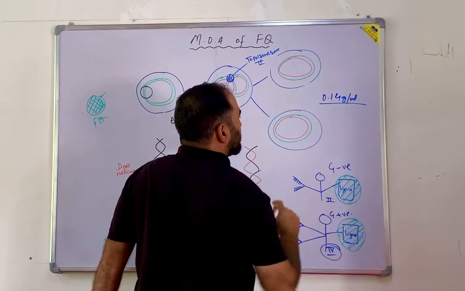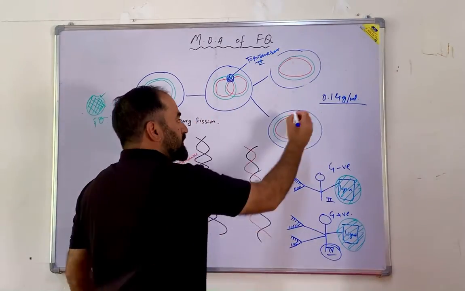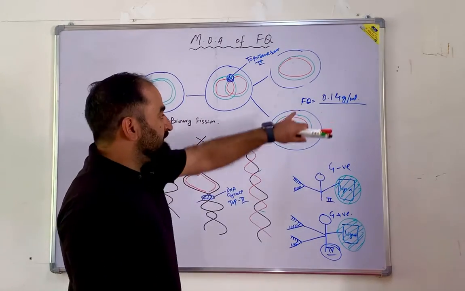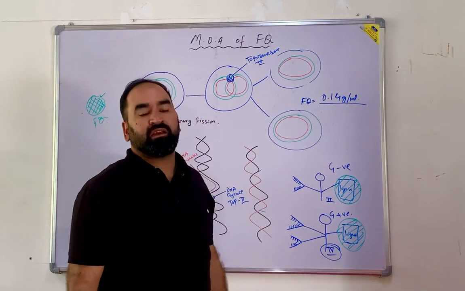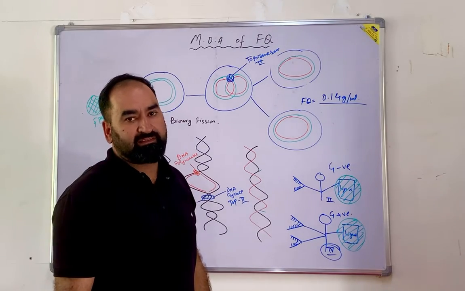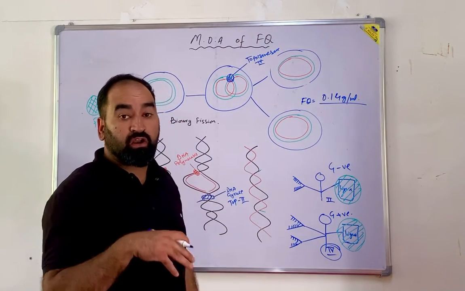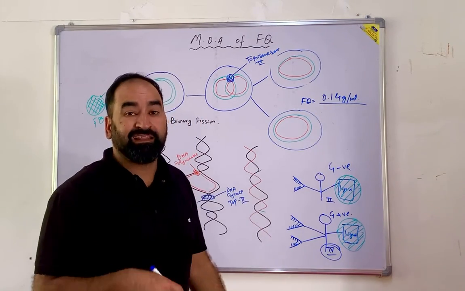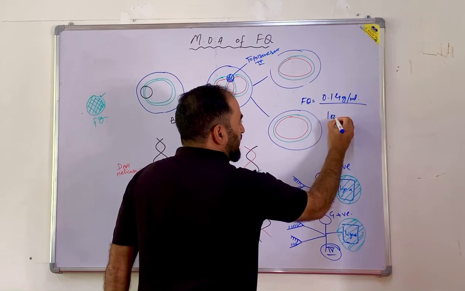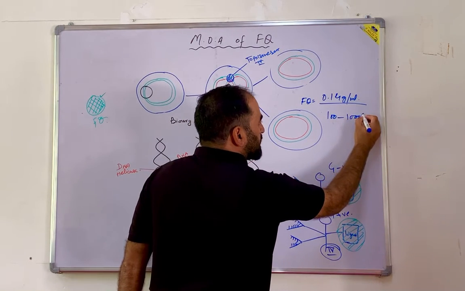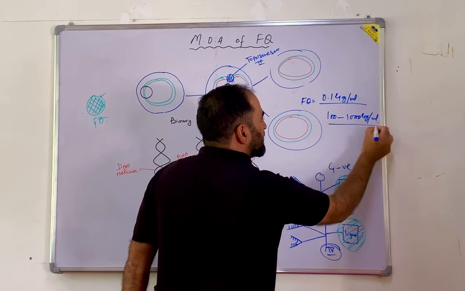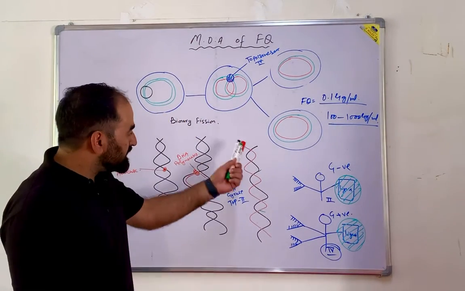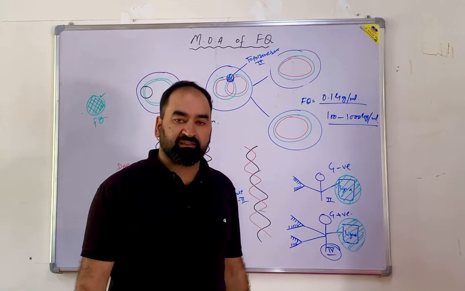When the fluoroquinolone concentration is 0.1, this much is not effective against the human cells, human enzymes. For human enzyme to get inhibited by the fluoroquinolone, the concentration must reach around 100 to 1000 microgram per ml. And this is the selectivity of the actions of the fluoroquinolones against bacterial cells only.